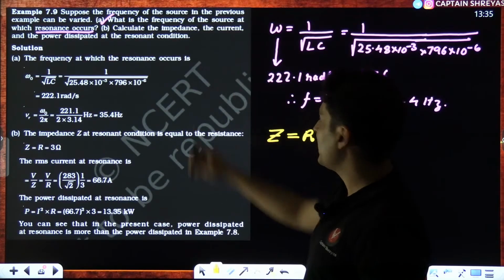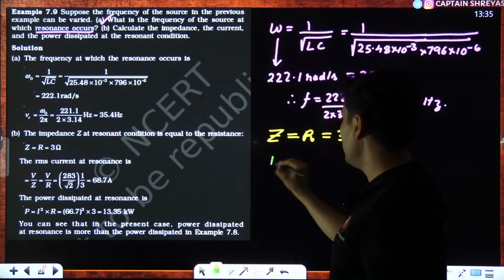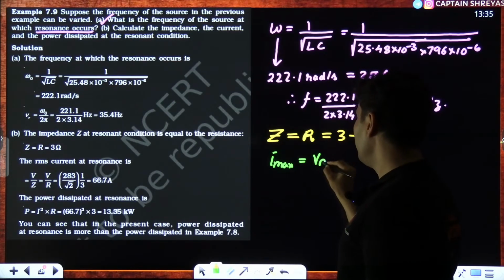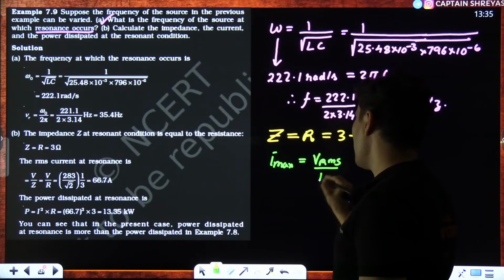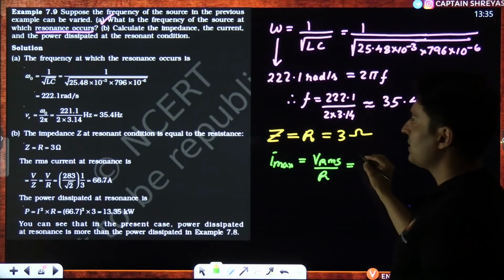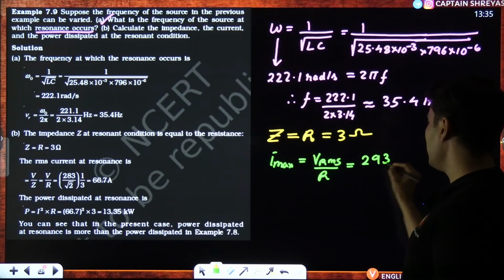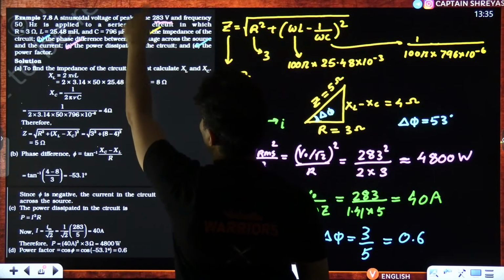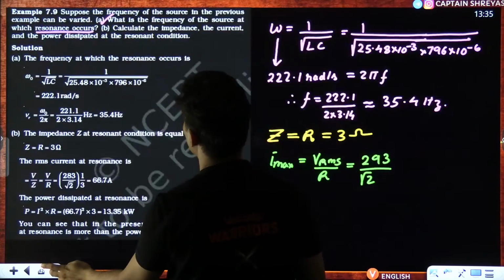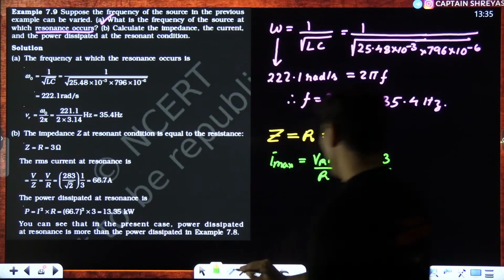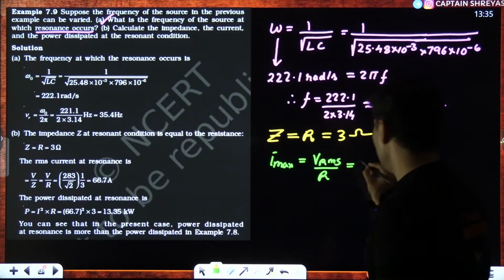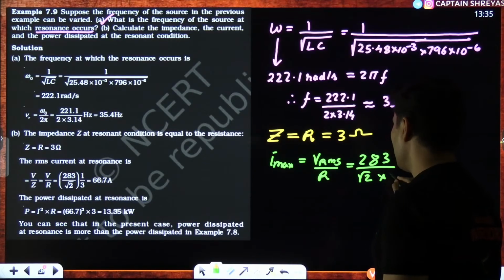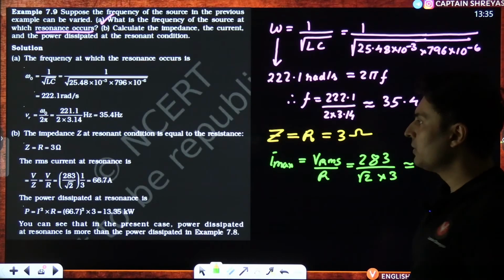What about the current? Well, the current will be maximum, and that will be Vrms divided by R. Vrms will be 283 by root 2. Because maximum voltage was 283, right? Divided by root 2, and resistance was 3. That will give you the maximum current.